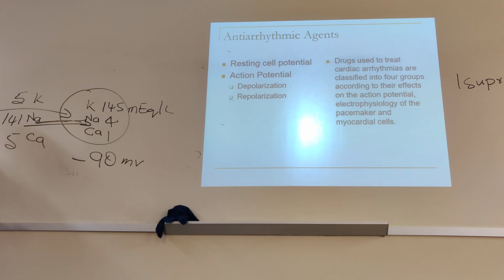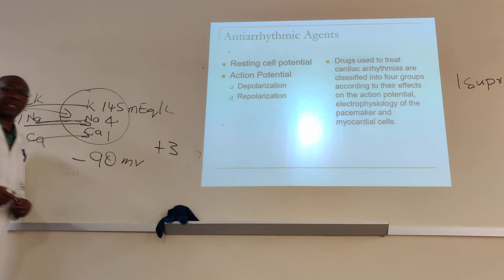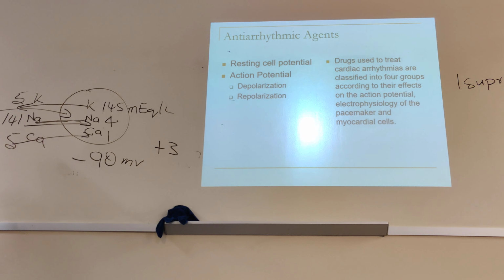You have influx of sodium into the cell. You have efflux of potassium out of the cell. And then you have more calcium going into the cell. That's what the electrical current does to the cell. As a result of that, the membrane potential increases to +3. The cell becomes positively charged.